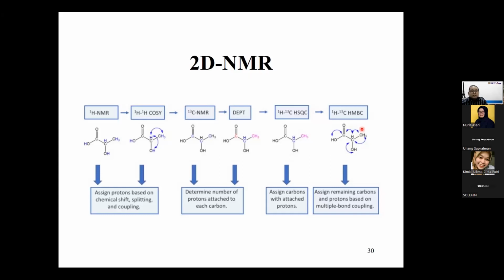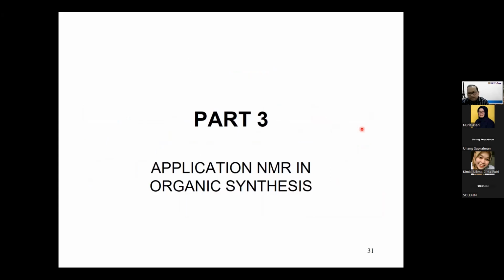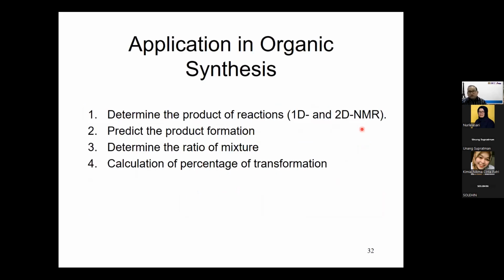Okay. So for part 3, it's quite fast, I think, because I have only 2 hours for the lectures. Okay, so application of NMR in organic synthesis. What can we use NMR for in organic synthesis? The first one is to determine the product of reactions.